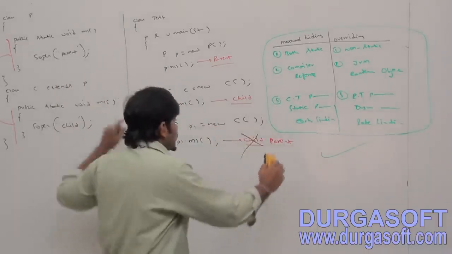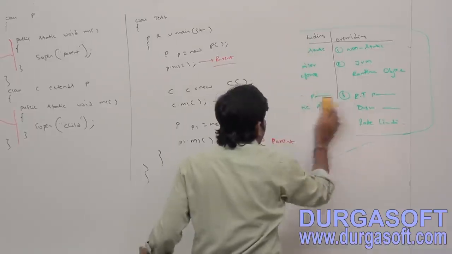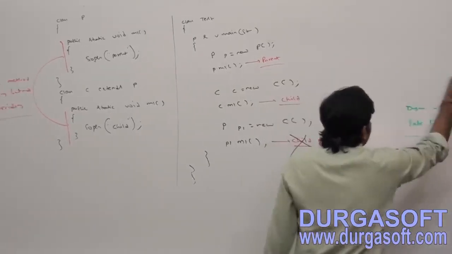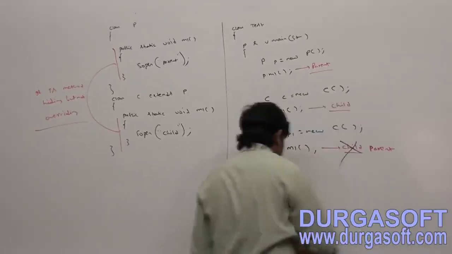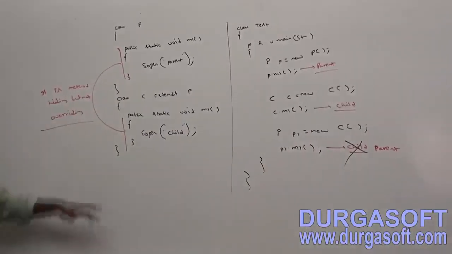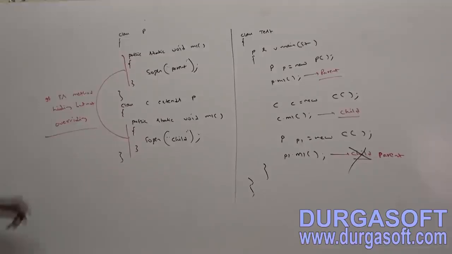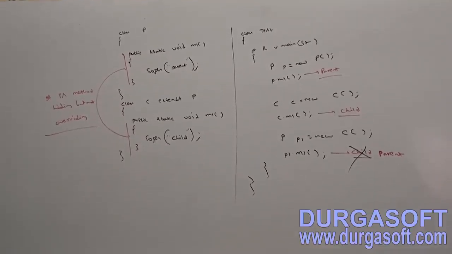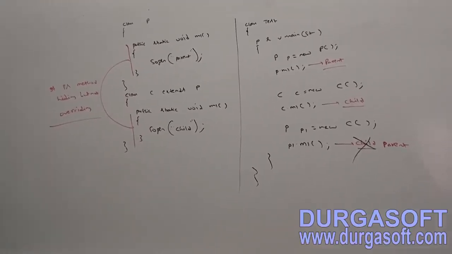Next, take this program, take the program clearly. It is method hiding but not overriding.